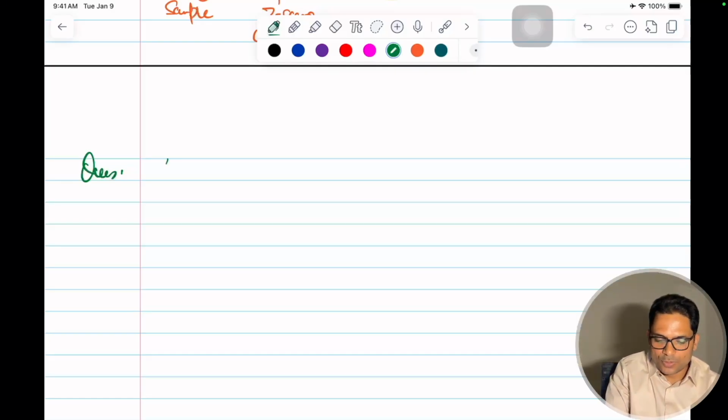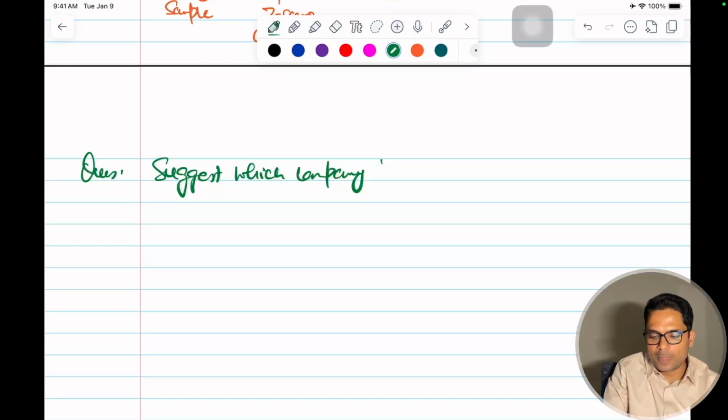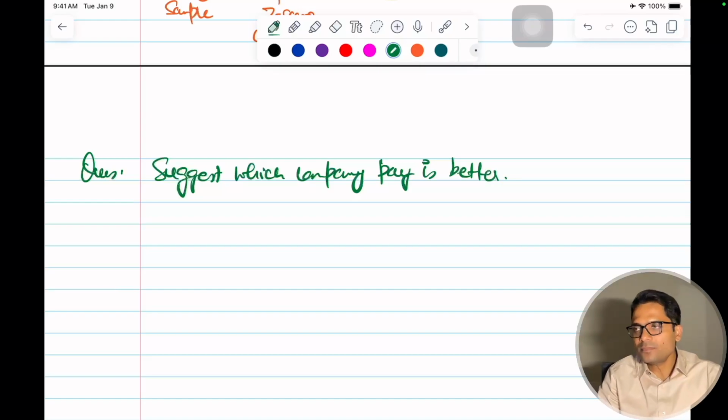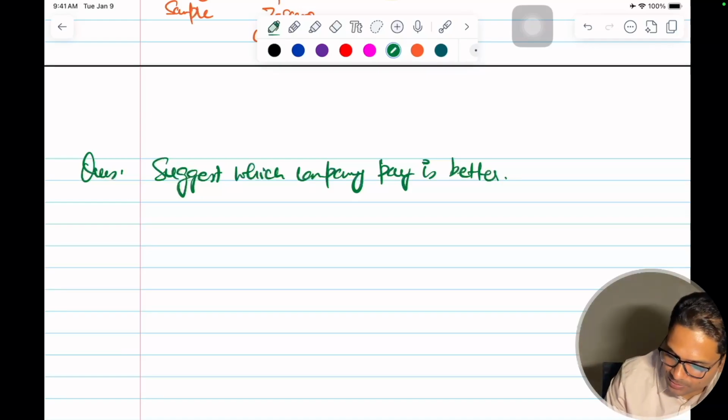Let's see. So you have to suggest to some friend which company is better, based on the details of the salaries.